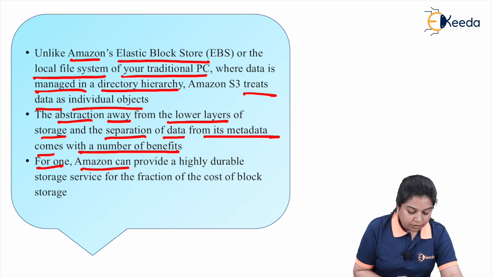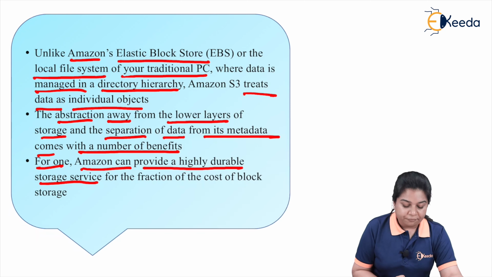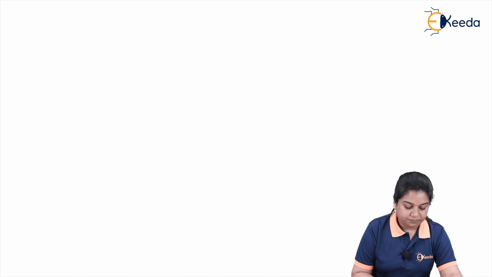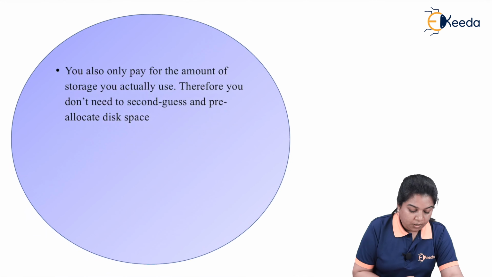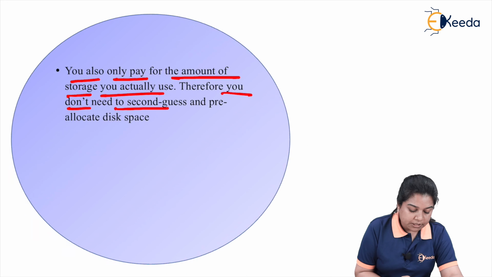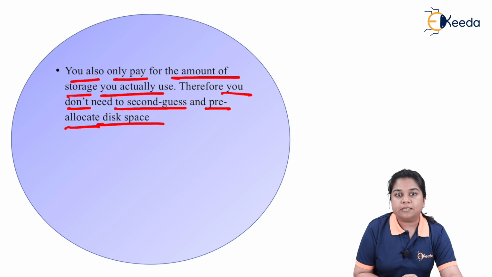For one, Amazon can provide a highly durable storage service for a fraction of the cost of block storage. You also only pay for the amount of storage you actually use. Therefore, you do not need to second guess and pre-allocate disk space.